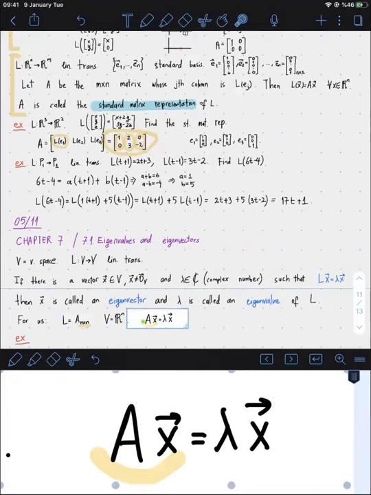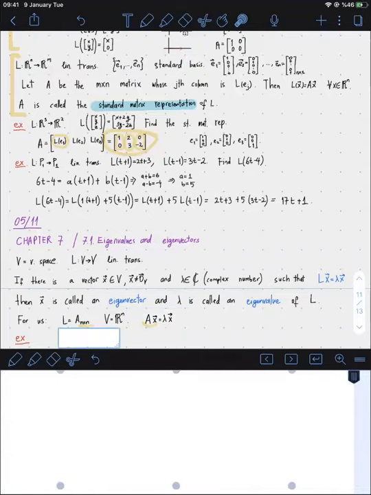This vector will have m entries, and this vector will have n entries. Only in the case where A is a square matrix can these two sides be equal. So when computing eigenvalues and eigenvectors, we will only look at the case where these matrices are square.